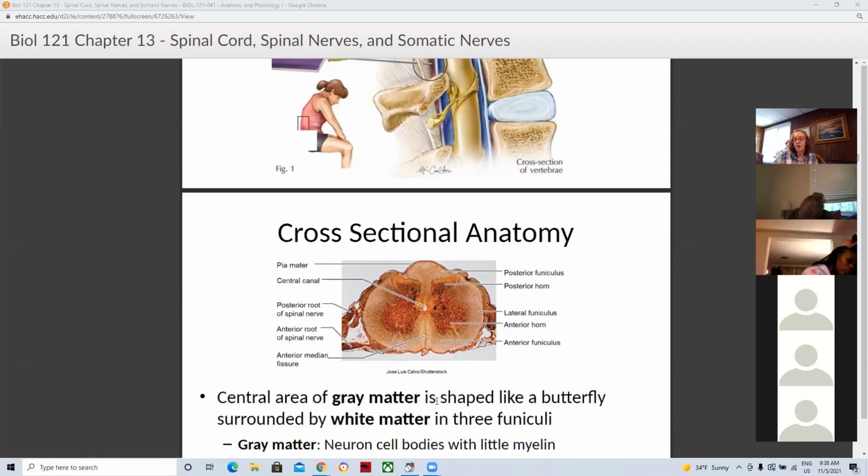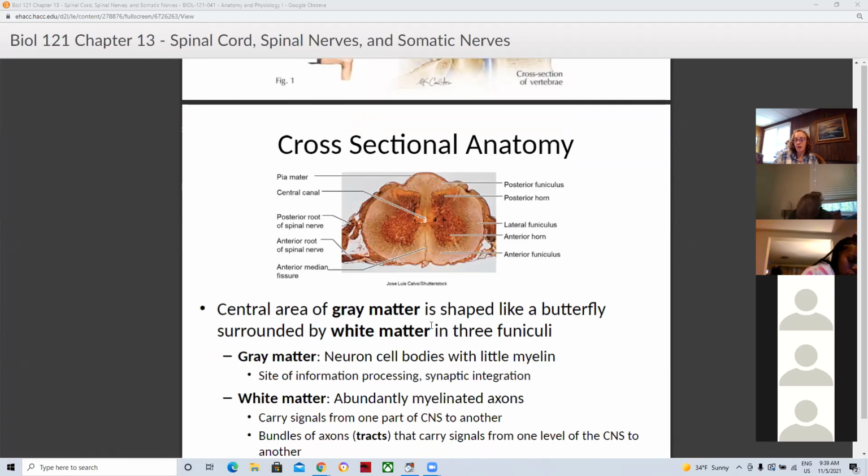Another word for funiculi that you find in your lab manual is white columns. Your textbook calls them funiculi, so we're going to refer to them as funiculi.